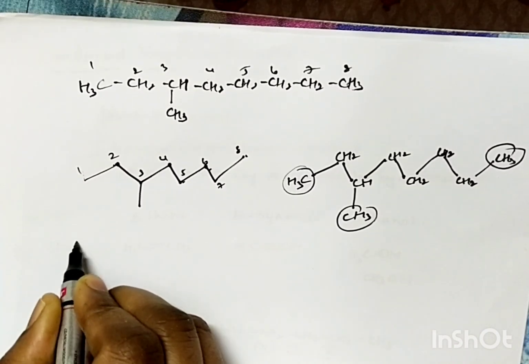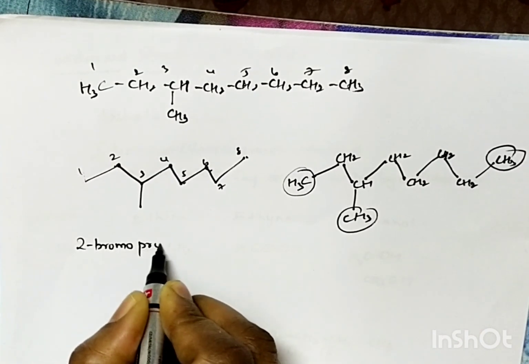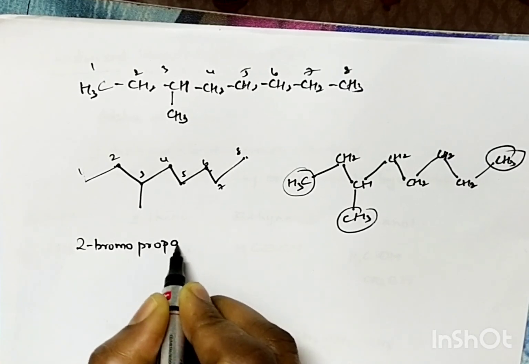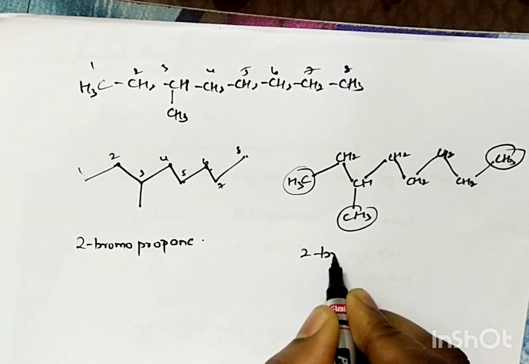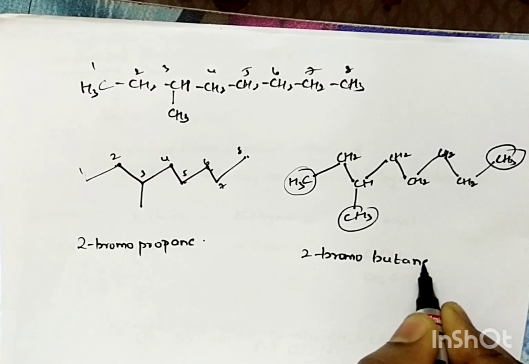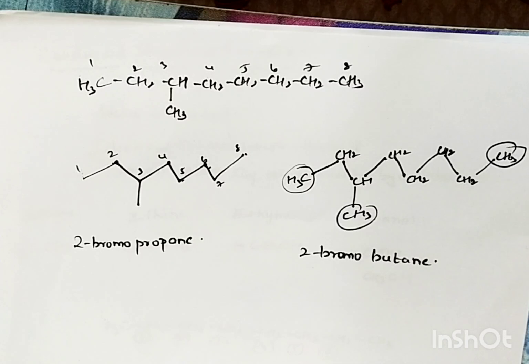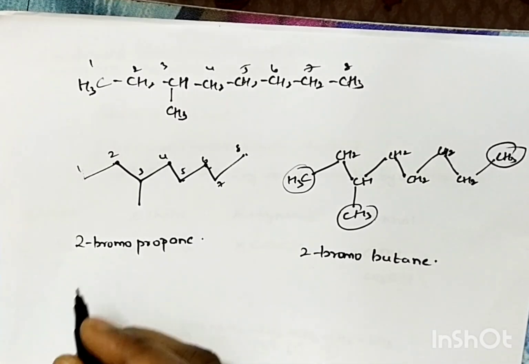For example, we can see 2-bromopropane. Even we can see 2-bromobutane. If we want to write this chain in bond line structure, how can we write?